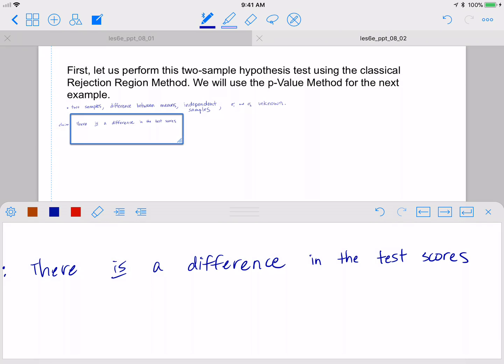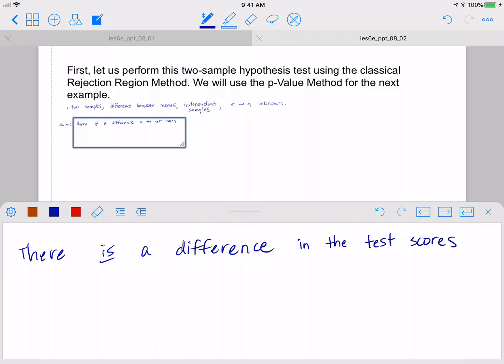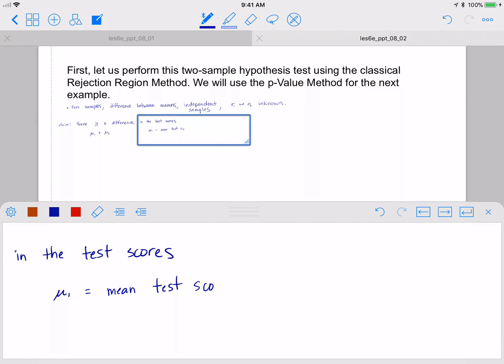Okay, now we're going to translate that into a mathematical statement, and we'll just say mu1 isn't mu2. And now here mu1 is the mean test scores of the first teacher, and mu2 is the mean test scores of the second teacher.